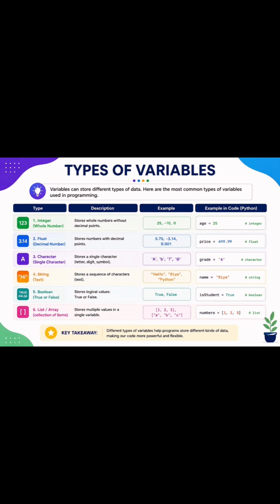Now, types of variables. As I told you, a variable is a named memory location which is used to store data. Variables can be classified based on where they are declared and how long they exist. First one is the local variable, declared inside a function, method, or a block, and it can be used only within that function or block.